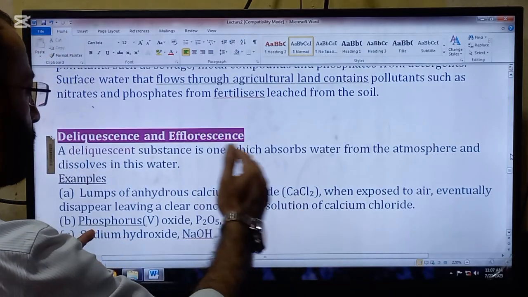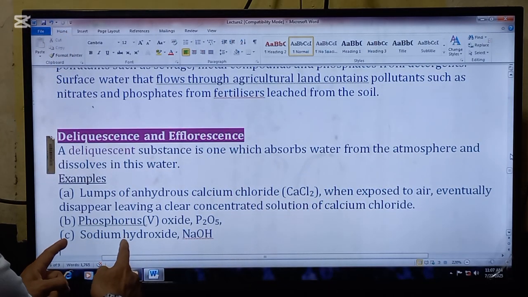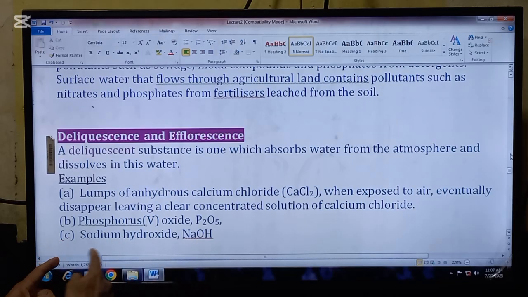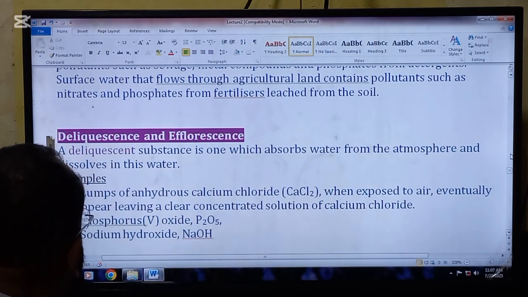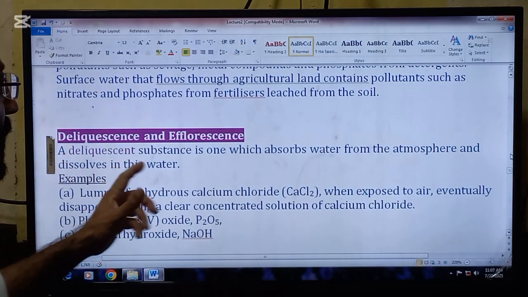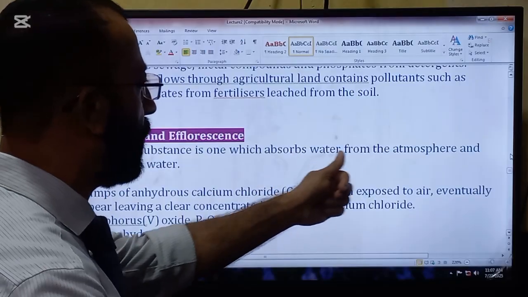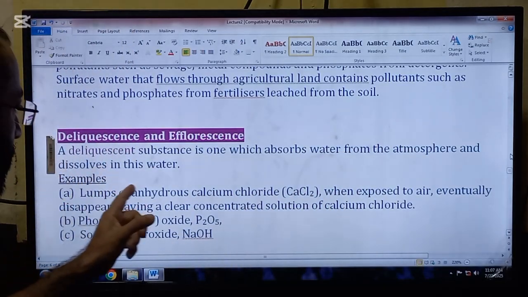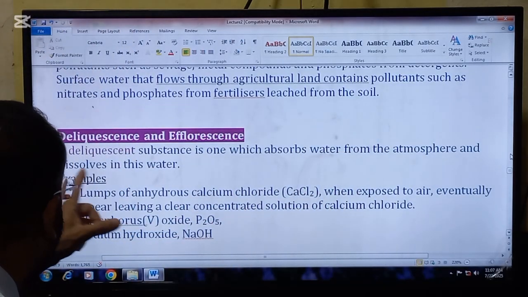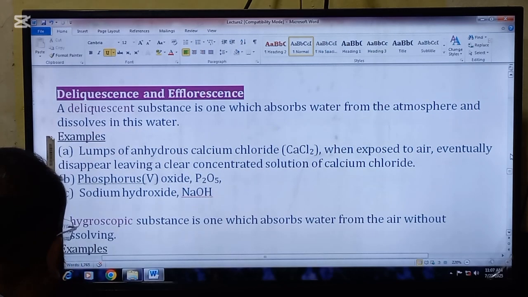So the compound is being dissolved in the water. Other examples are phosphorus oxide and sodium hydroxide. These substances absorb water from the atmosphere and dissolve in this water, so they are called deliquescent.